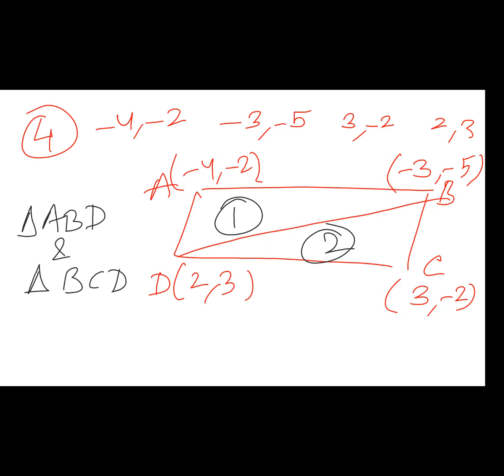Fine. You can find the area of triangle 1 and triangle 2, and you have to add them. Any confusion? No, sir.